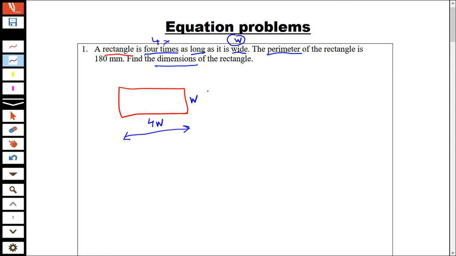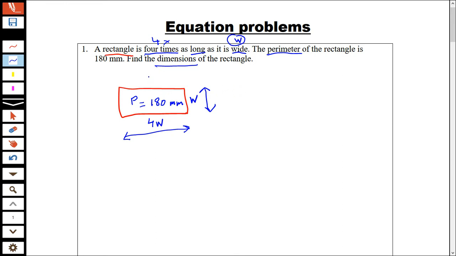So at the end of this question, you should be able to say how long and how wide the rectangle is. What does it tell me? It tells me the perimeter. So I'm going to put down P for perimeter is 180 millimeters. Now I need to write down an equation involving perimeter.